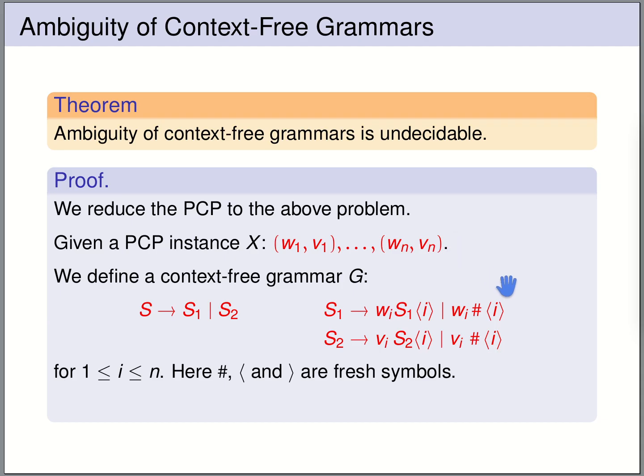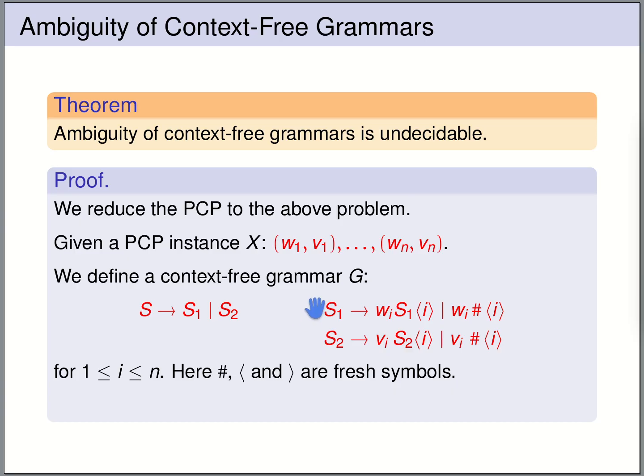It's not difficult to check that indeed we do not have any other source of ambiguity. The main idea is that this index that we include here makes clear what rule we've chosen. So we don't have any ambiguity purely coming from S1 and we don't have any ambiguity purely coming from S2. The only source of ambiguity is from this choice if S1 and S2 generate the same terminal word.